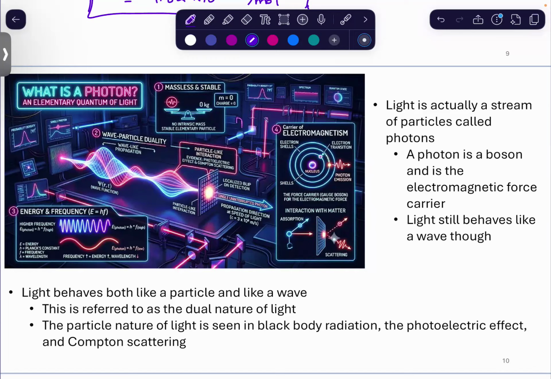Electrons, neutrons, protons are all both particles and waves, and it depends on the situation which way you can view them. We'll talk about something called collapsing the wave function. If you take a measurement, you get a hard particle, but otherwise you're going to have waves. You need to start wrapping your minds around this idea of wave-particle duality. Is it a particle or is it a wave? Well, it's both.